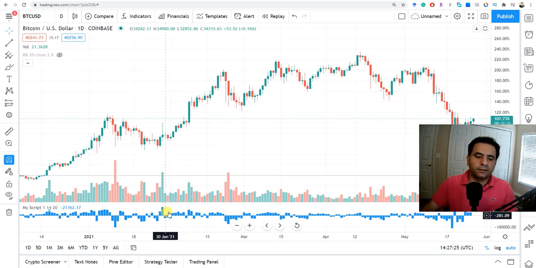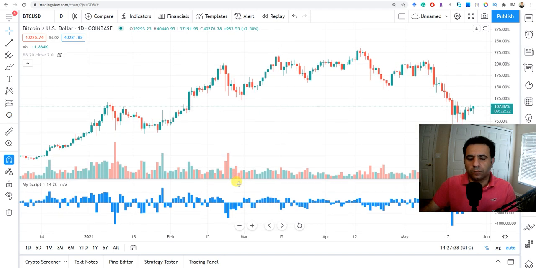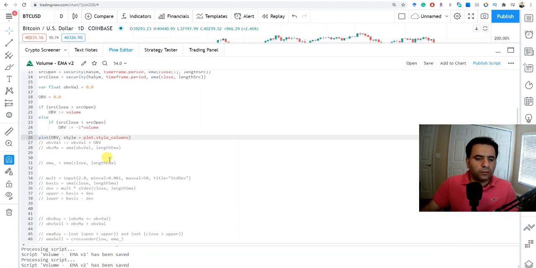Now you see that every time that the bar is green, it's kept, but if it's red, it's flipped. Now this is called the OBV signal, but that's not all. What we need to do is, let me uncomment this.